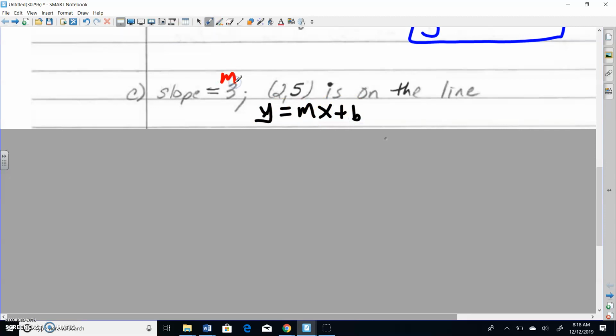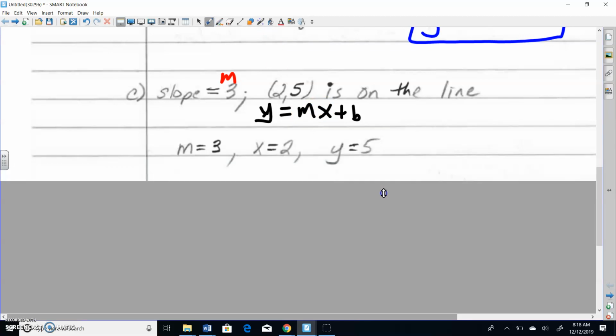We're going to use the 2 and the 5 in our equation for x and y. Our slope is 3, x is 2 because that's the x-coordinate of the point we're given, and y is 5 because 5 is the y-coordinate of the point given.